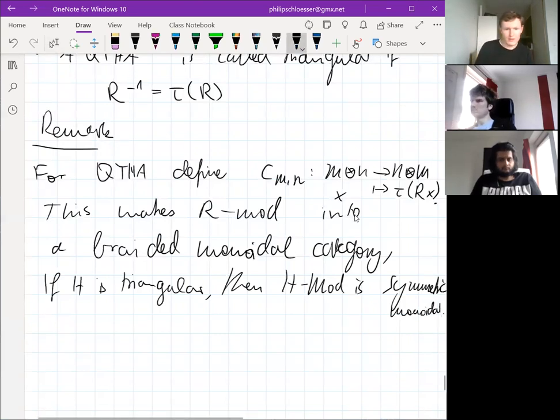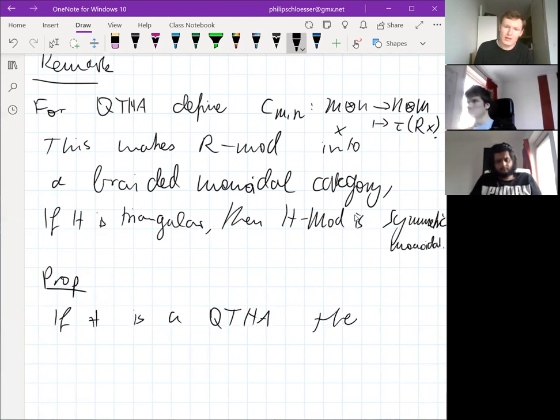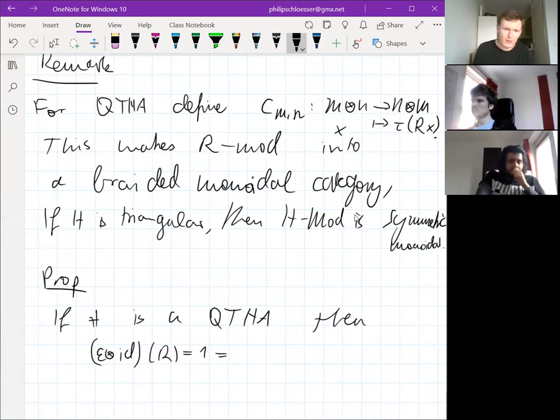And I guess a proposition, a consequence of all of these things: if H is a QTHA, then epsilon tensor identity of R is equal to 1. I guess the same goes for when I do it the other way.